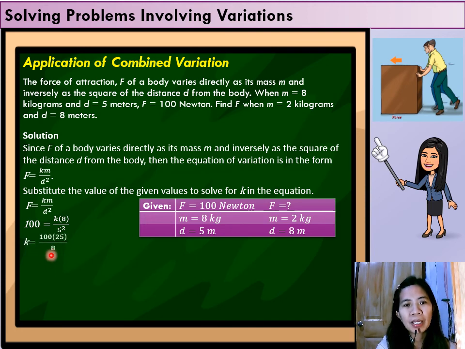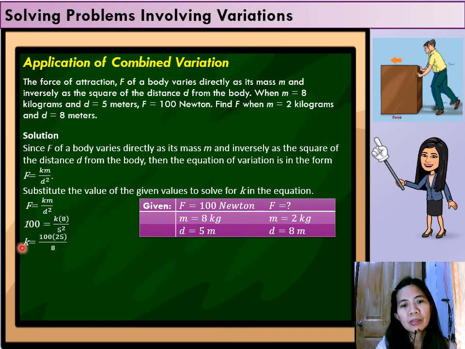So 5 squared is 25. The 25 came from 5 squared. So we multiply both sides of the equation by 25. That is why it is 100 times 25 all over 8.